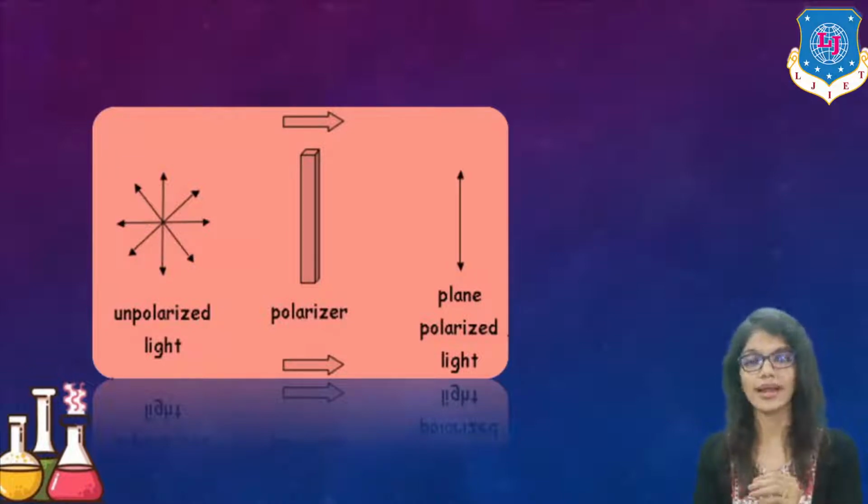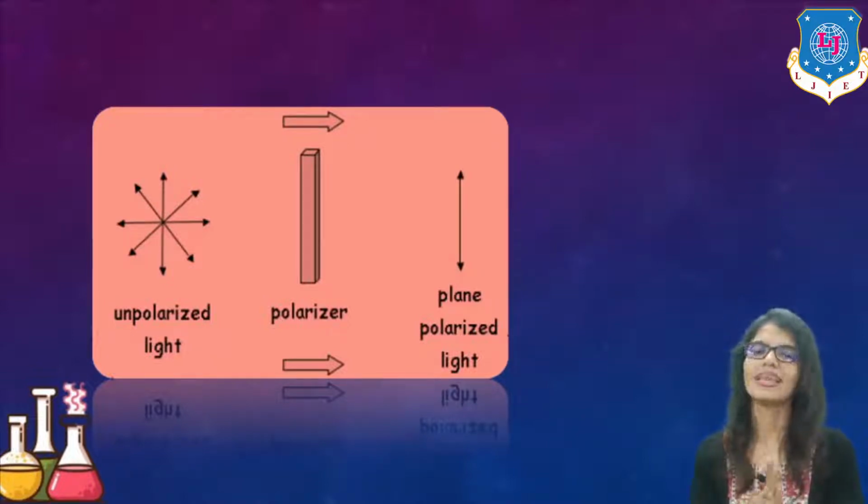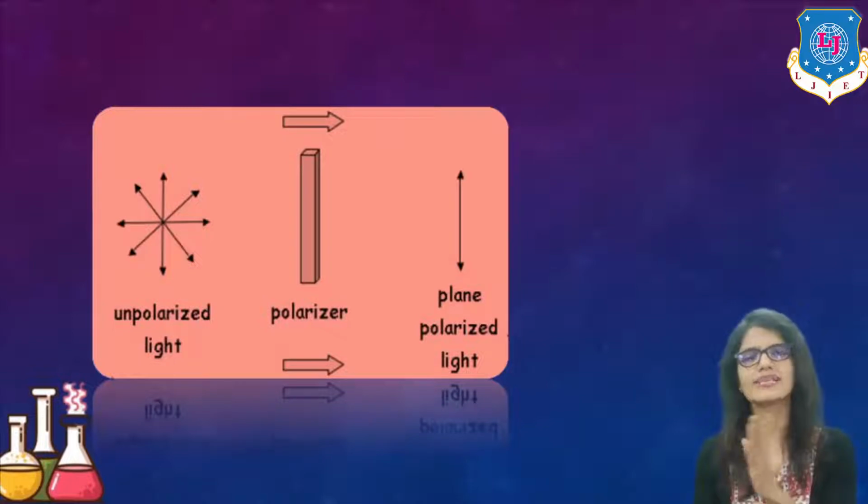So we get light whose vibrations are present in a single plane. Such light is known as polarized or plane polarized light, because it vibrates in a single plane.